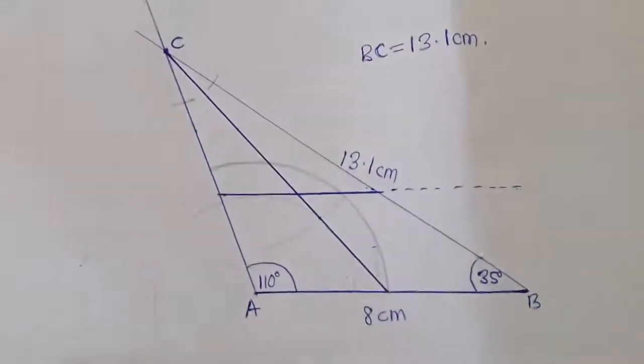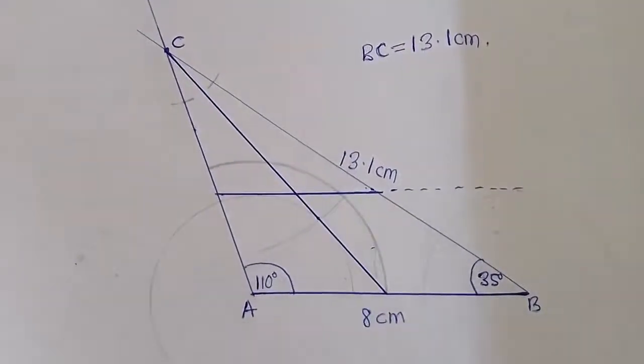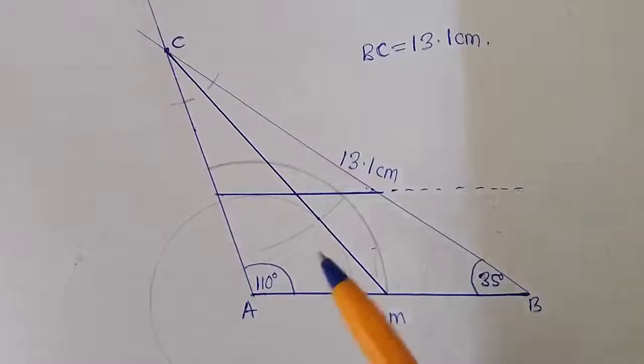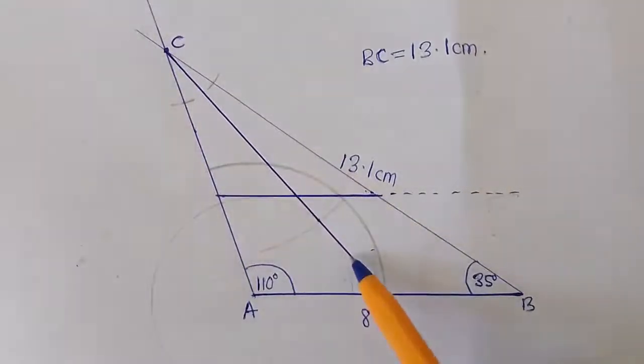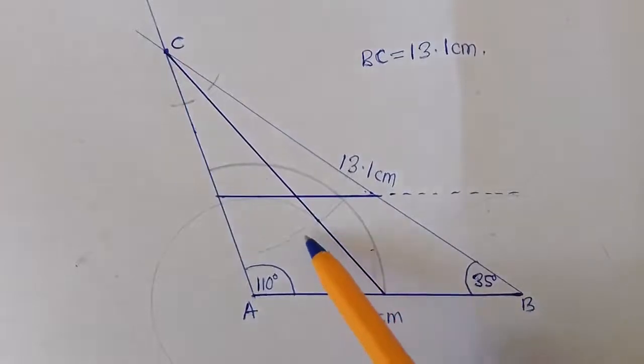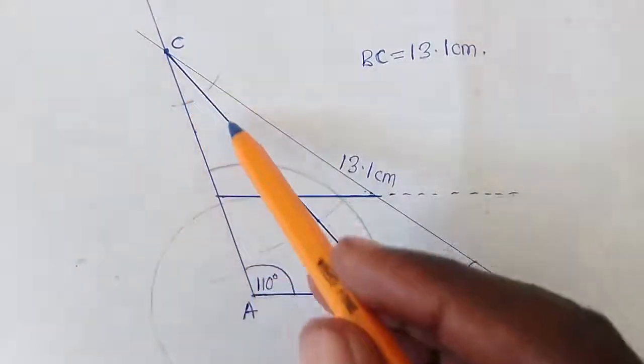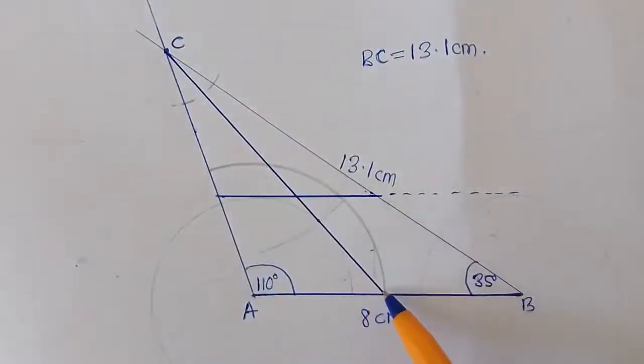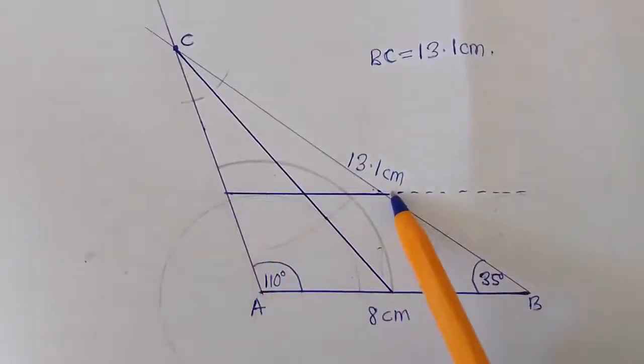I remember telling you that after you are done with all these parts, you need to be able to know these lines. Me, I'm able to know them. This line here was equidistant from AC and BC. The same way I am able to tell, you're able to tell. What about this line?